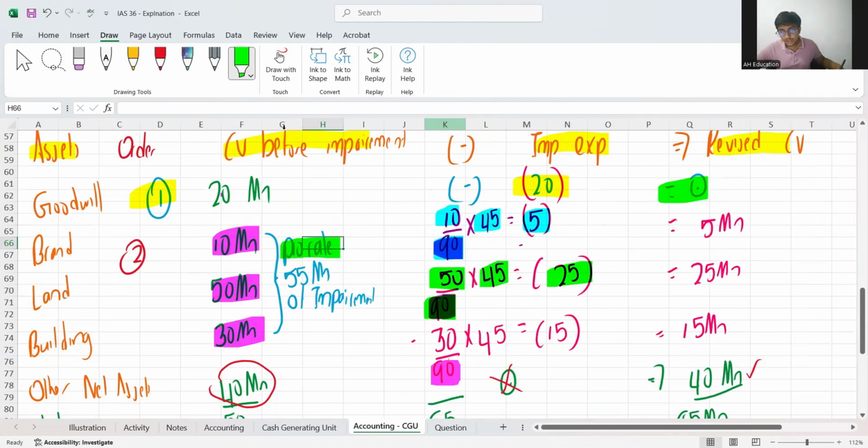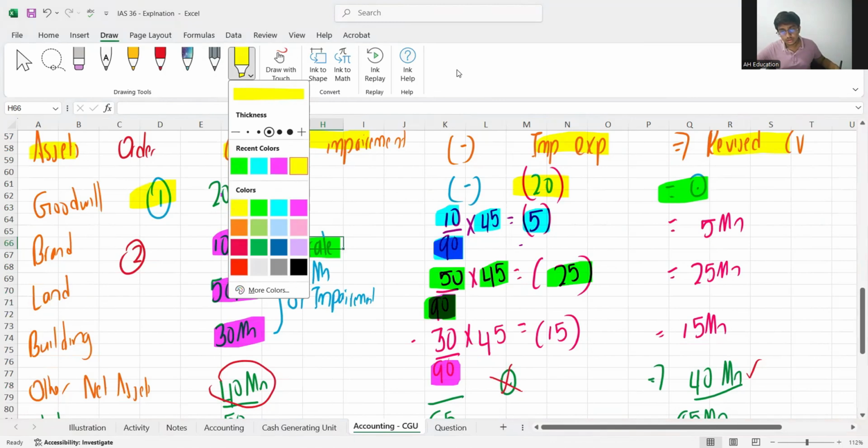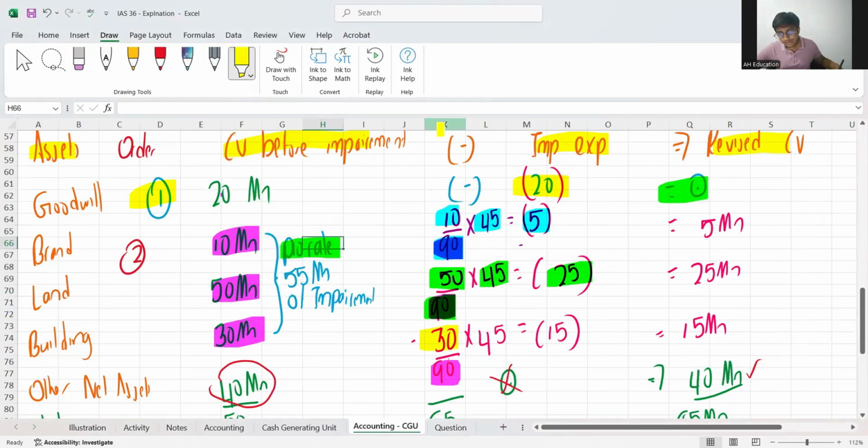Finally, in terms of the building, your building had 30 million as its carrying value under your CGU, which is a group of assets, and the remaining assets are worth 90. So how do you allocate this 45 million? Again, you need to prorate, and you will arrive at a figure of 15. So after you remove all of the impairment expenses from the relevant assets, you'll arrive at 5 million, 25 million, and 15 million respectively.